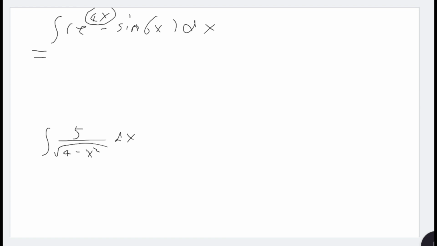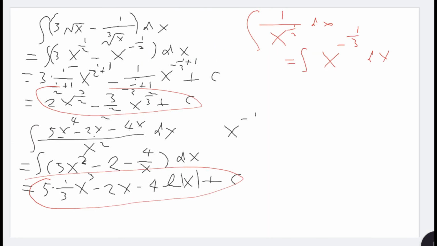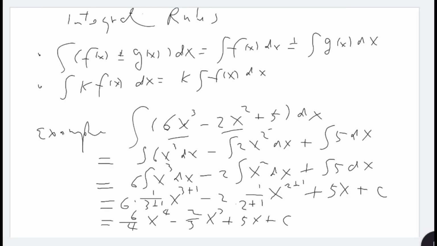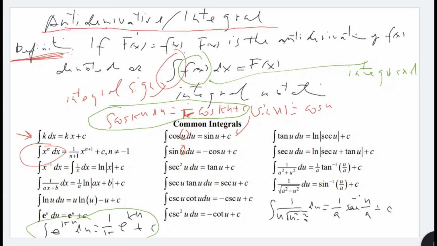As a matter of fact, in many integration tables, you see, for example, here you see ku instead of just u itself.